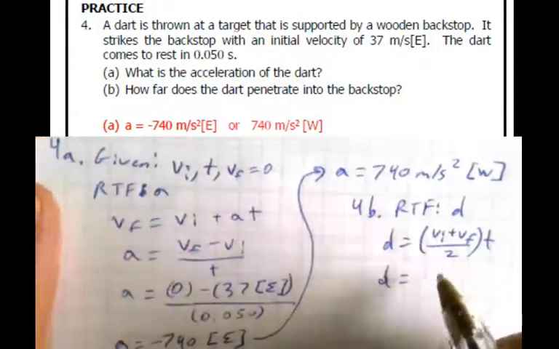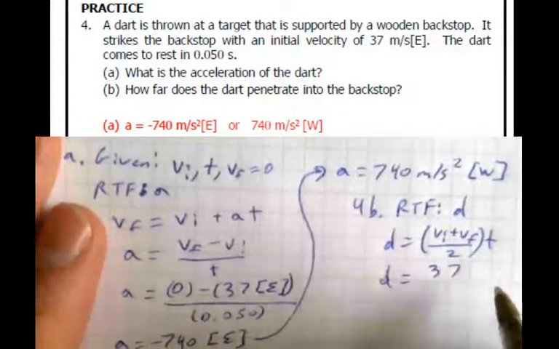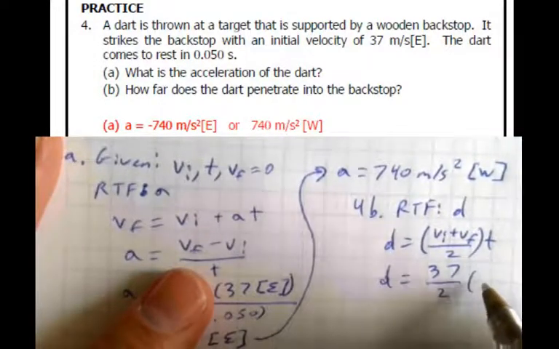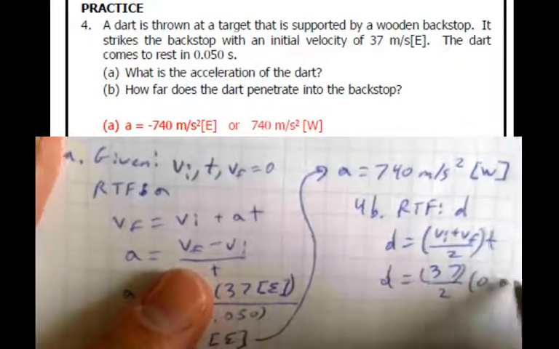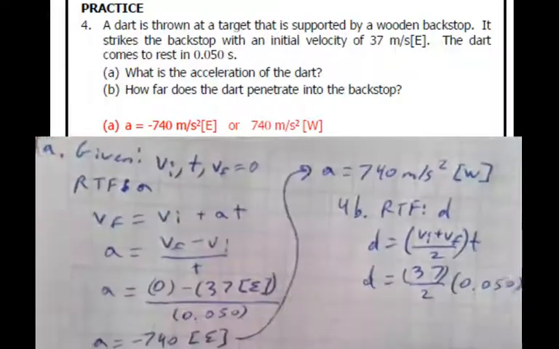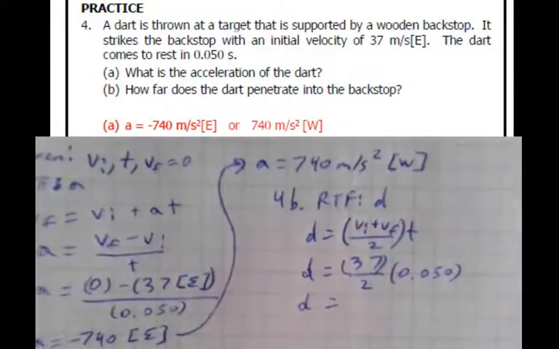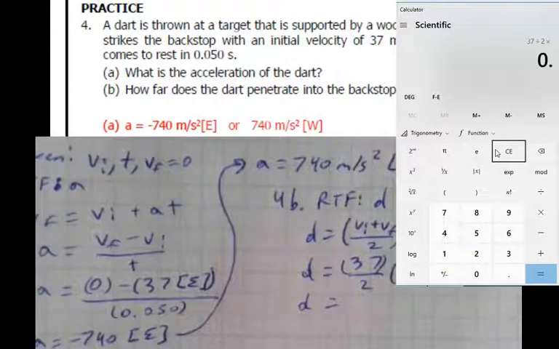That gives us initial velocity is 37. We don't need to put plus 0. We're fine with that. We just put over 2. And our time, 0.050. So here D equals, turn the calculator on, we have 37 over 2 times 0.050.